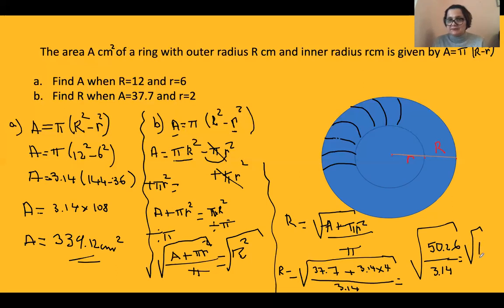Rounded to 3 significant figures, it is going to be square root of 16. And there you go. R equals square root of 16. Square root of 16 is 4. So the final answer is going to be 4 centimeters. Of course, centimeter is a measuring unit as well.